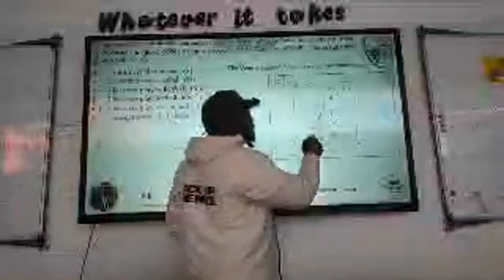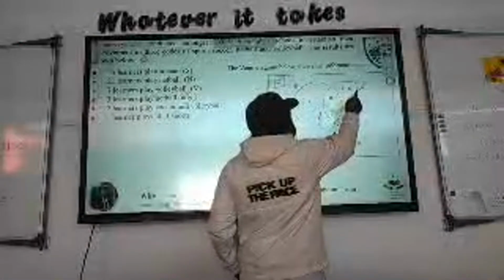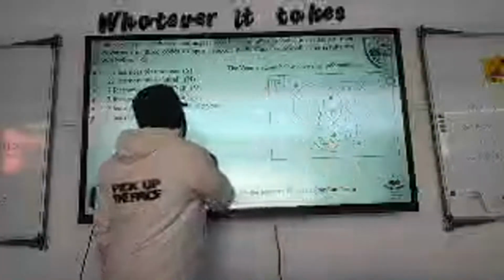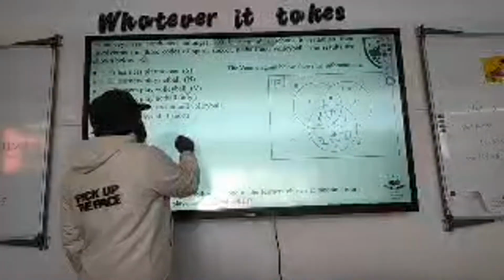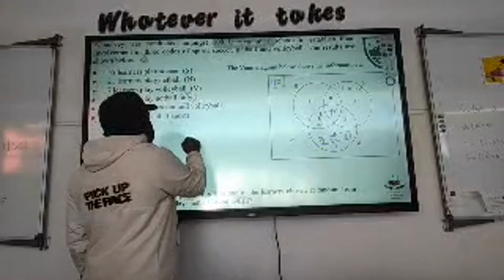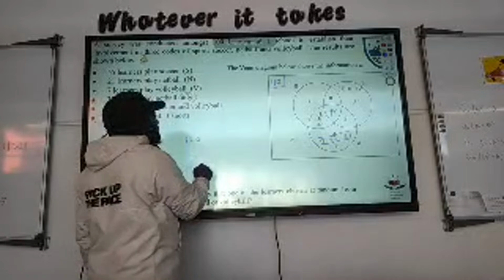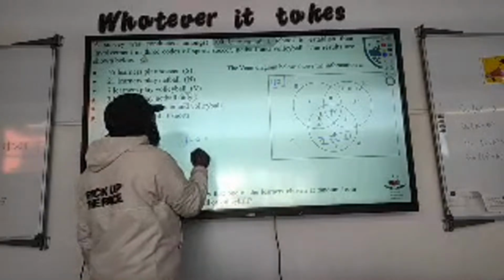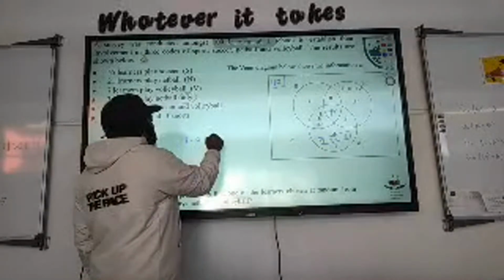Twenty-one learners play netball. So we have 21 minus A, minus 1, minus 2. Let's simplify that. This will be 18. 18 minus A must actually give me 3.